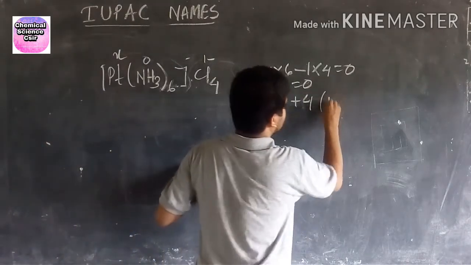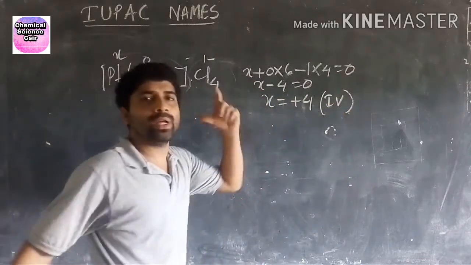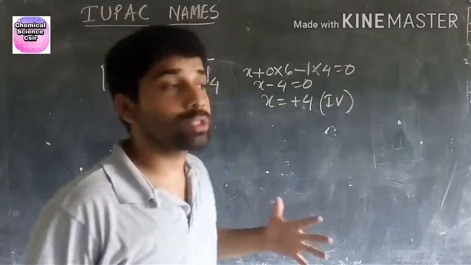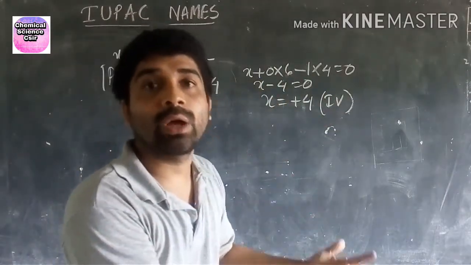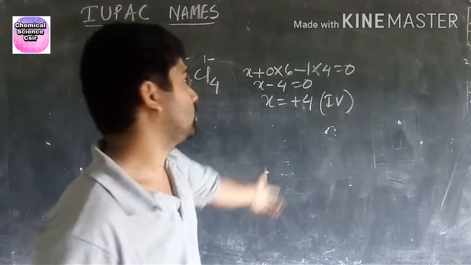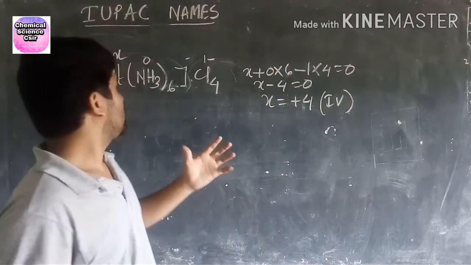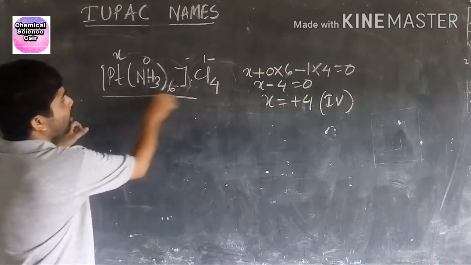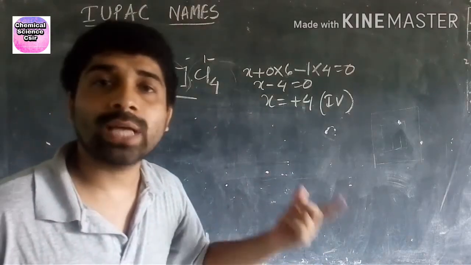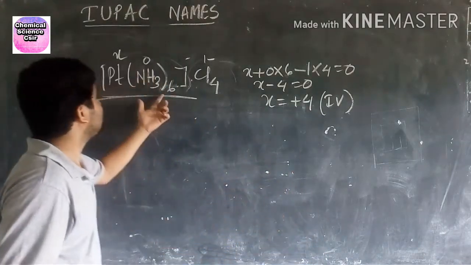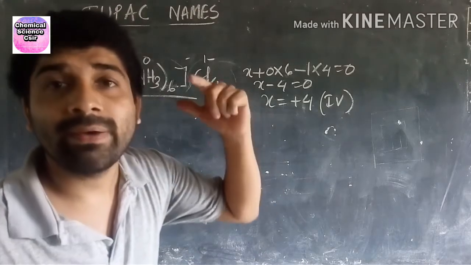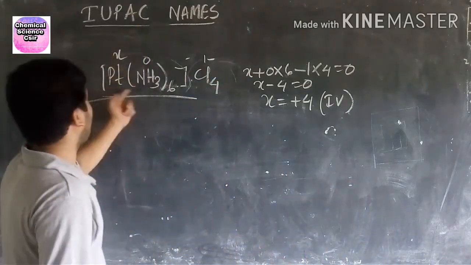Then you can write like this. Roman numerals are used after the metal ion. Now how to write this one? First I see how many ligands are attached with the central atom or ion: 6.